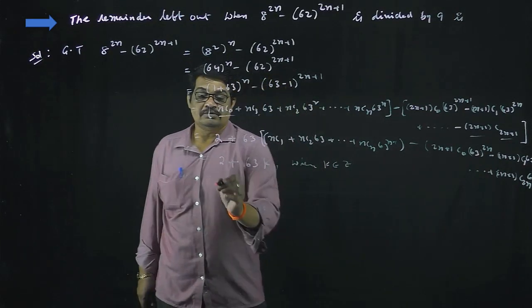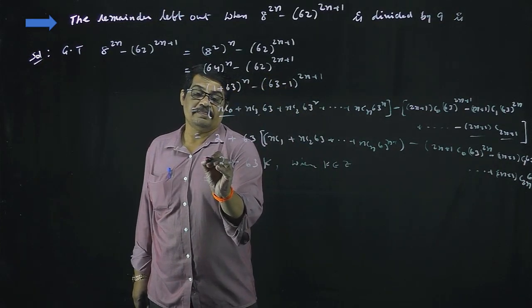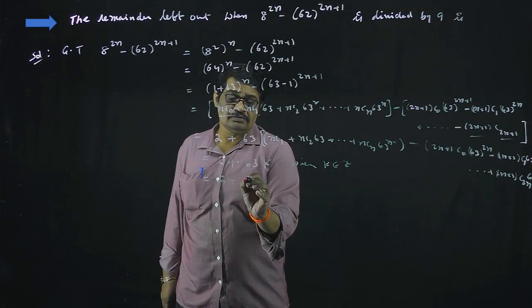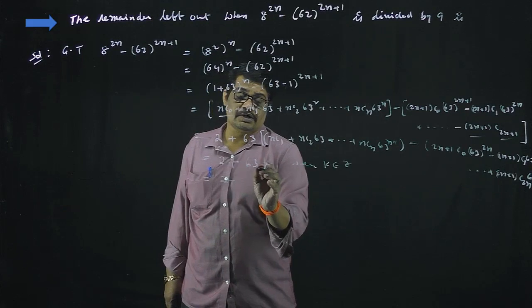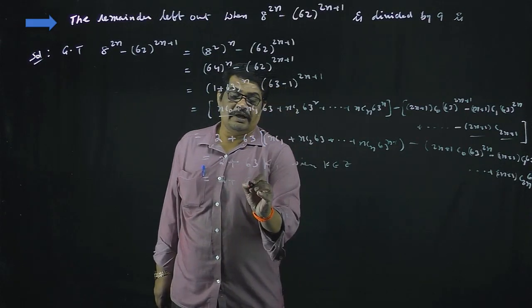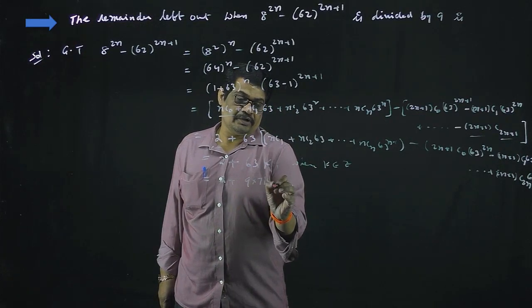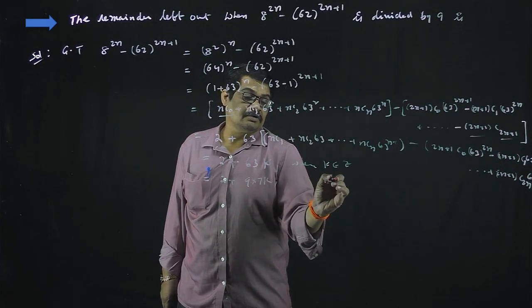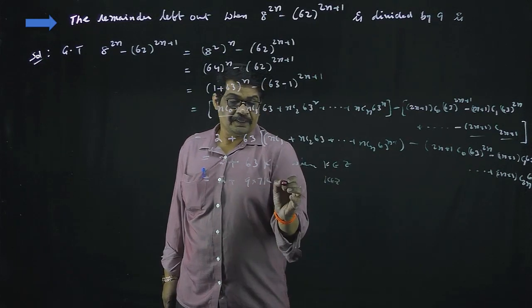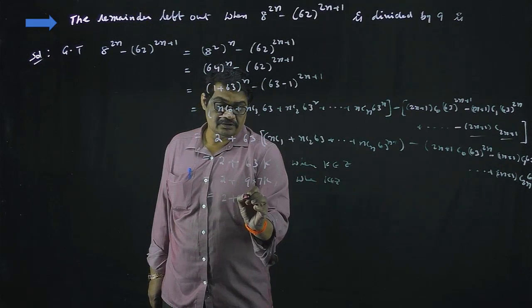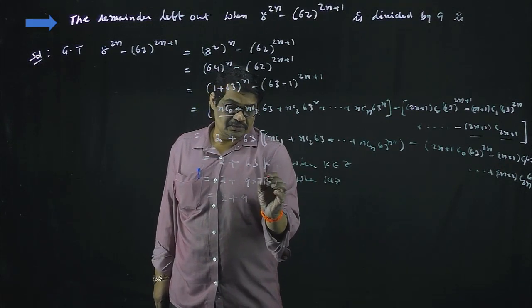Now this can be written as 9 into 7k, where k is some integer. So this can also be written as 9 into 7k. So 7k is some integer.